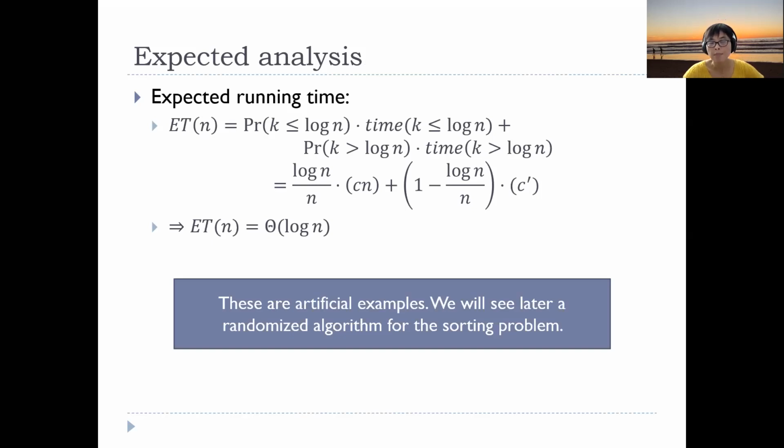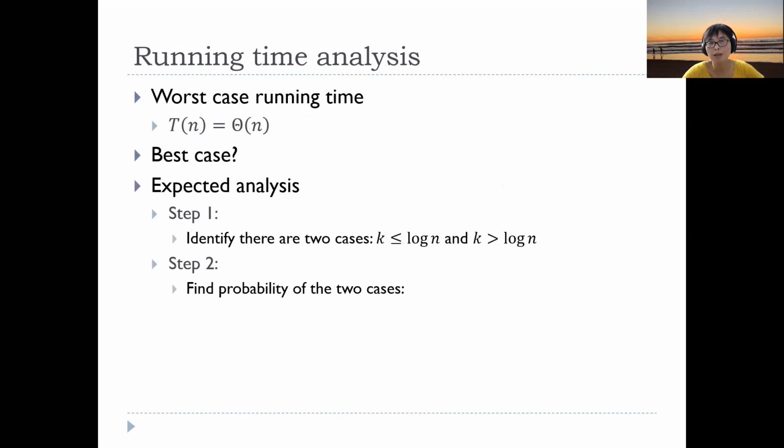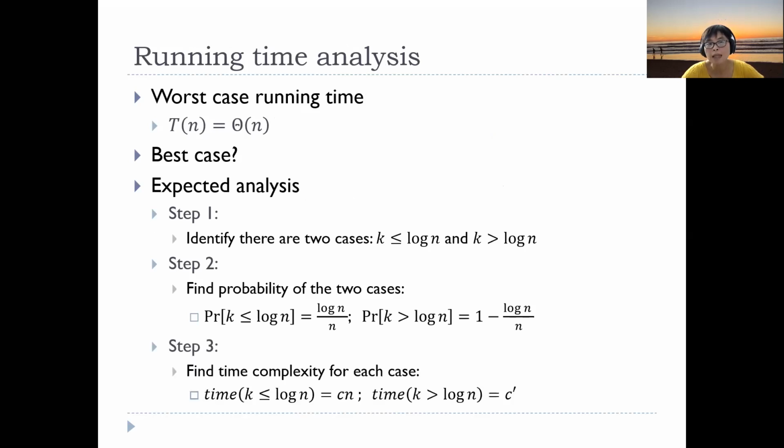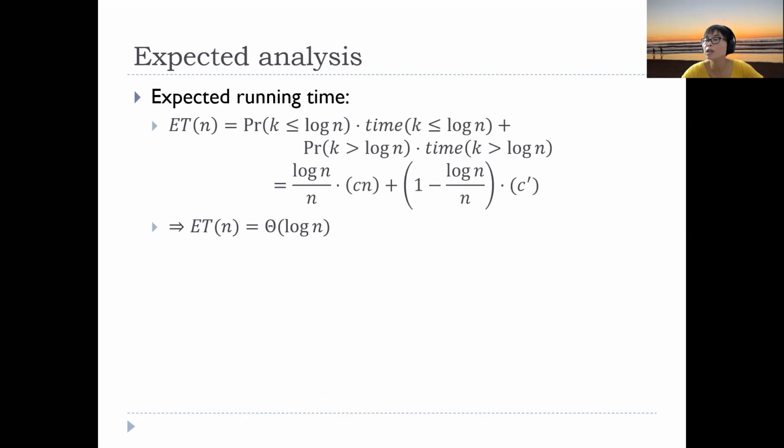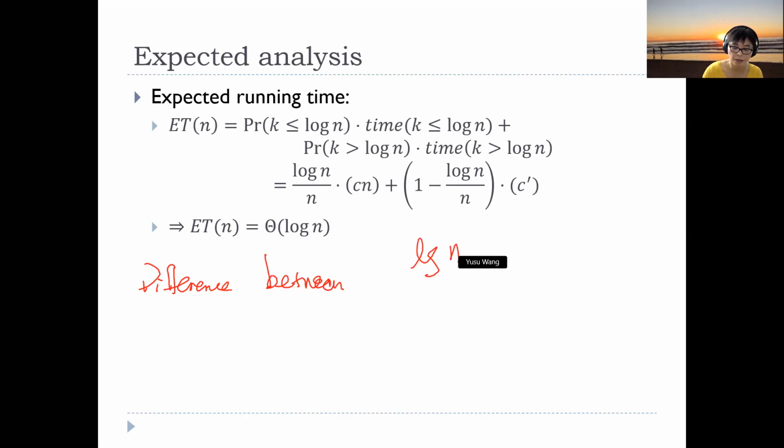Okay, as I mentioned, this example is rather artificial. What we see in this case is that the worst case running time is linear, but the expected running time is only log n. So the difference between log n and n is huge, just to have an idea of the difference.